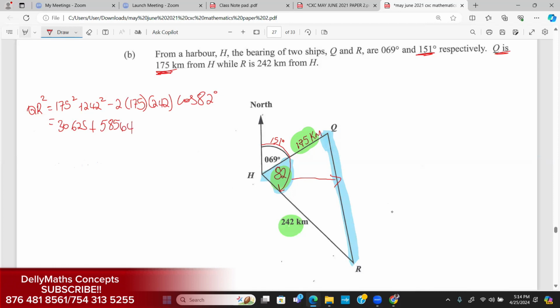So normally what I do is, this is all multiplication here, which means that all of this must go on your calculator at once to know what this value is, right? So you want to start off with -2 times 175 times 242 times the cosine of 82 degrees. And it's going to give us negative 11,787 point some stuff.